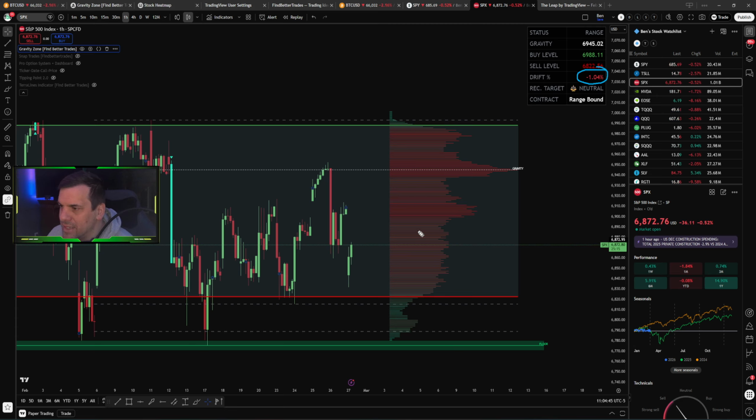So I like to see what price does when it gets close to this gravity line, because typically you'll see it do some interesting things as it gets into that most volume. There's a lot of orders. Essentially there's a lot of stops, a lot of take profits, a lot of orders here that are getting in and out of trades, and they know this line, they understand this line.